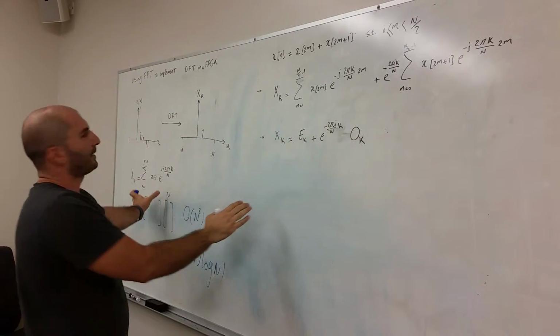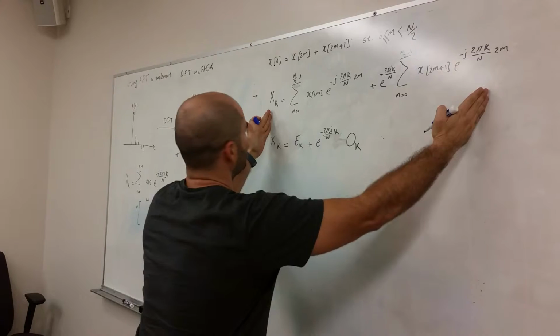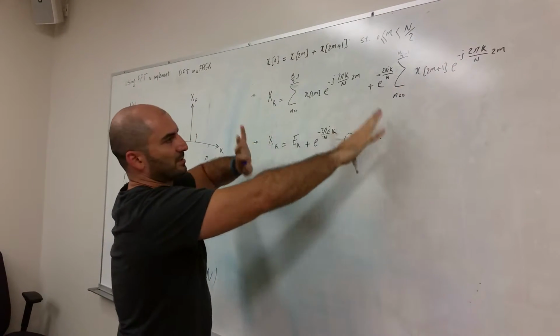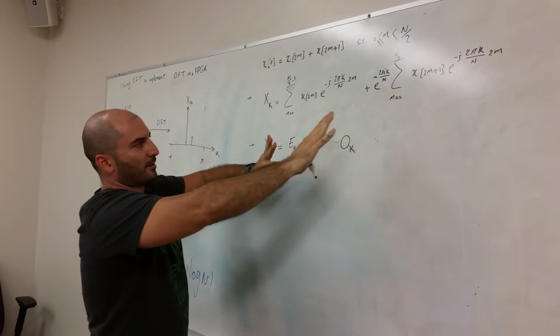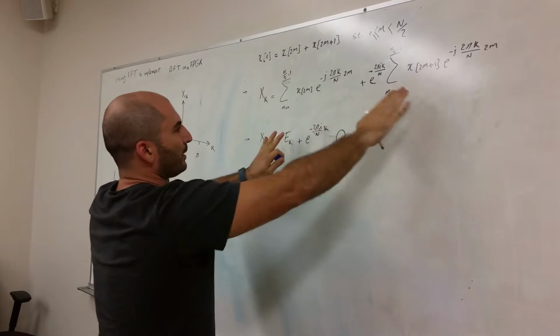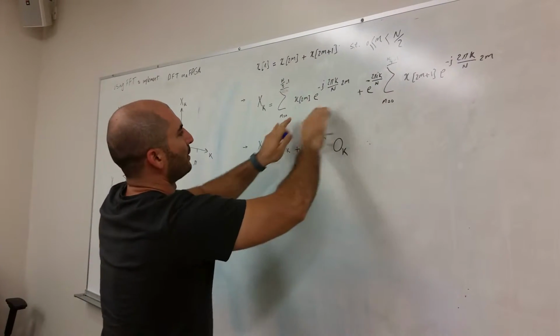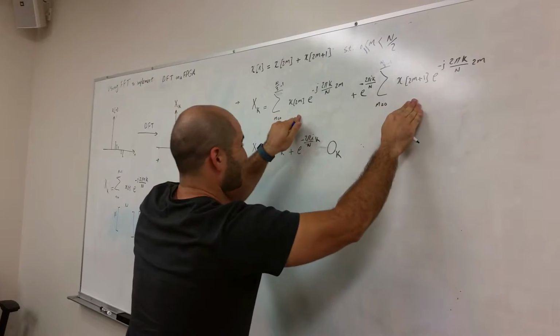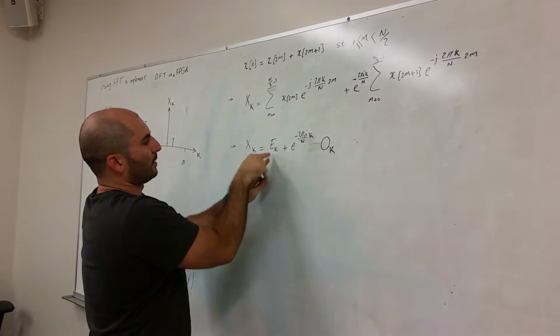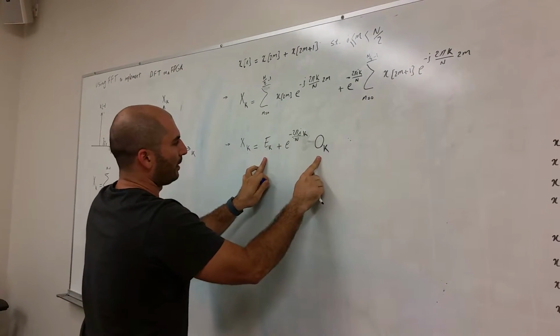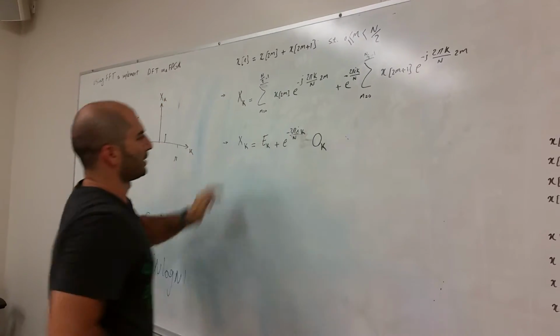And we're going to write that equation like this. It's a little scary, but there is nothing magic going on here. I just rewrote it and then factorized one exponential, and this guy ends up being the same. So I call this guy even, that guy odd, and we end up with a nice equation like this.